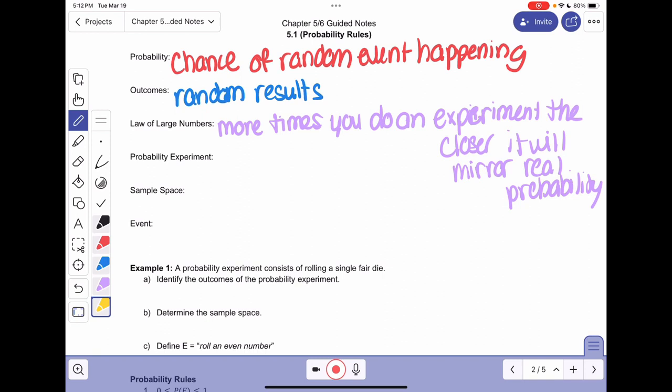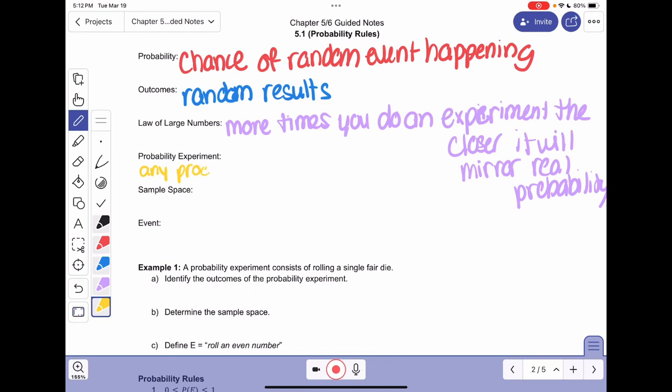A probability experiment is any process with uncertain results that can be repeated. So again, flipping a coin would be an experiment because you can repeat it. You can keep flipping the coin.